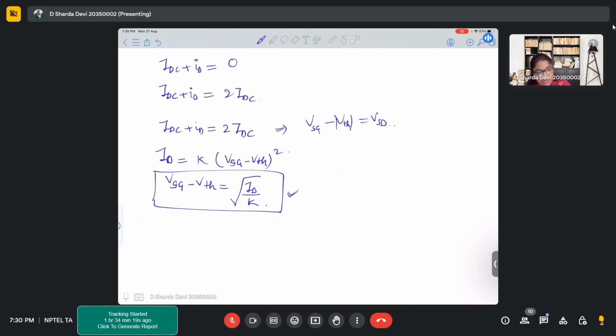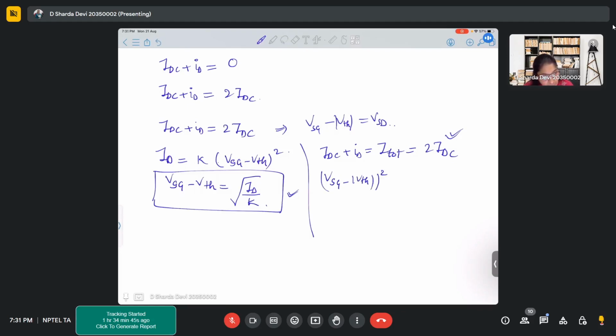This is the ideal condition, but we are considering that IDC plus ID, which is I total, is 2 IDC. For this particular case also, your transistor is in saturation. So (VSG minus mod VTH) whole square times K equals 2 IDC. This is the current flowing through the whole path.